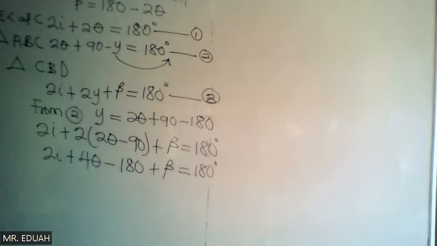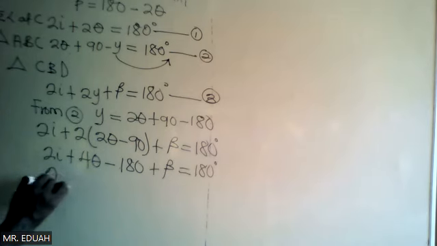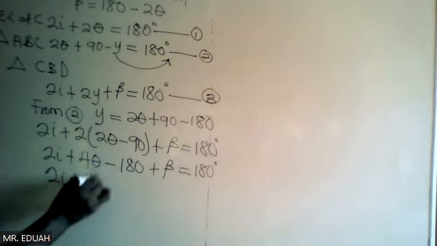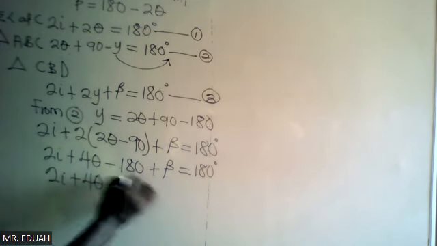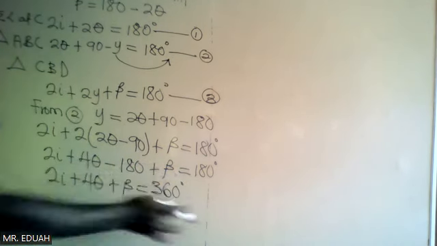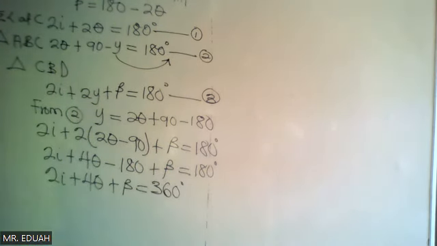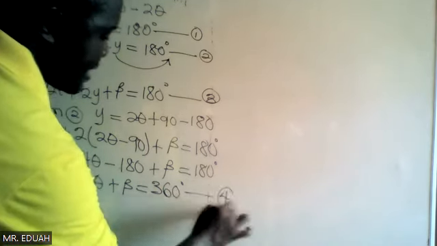We are just substituting. So 2i plus 4 theta plus beta equals 360, with negative 180 crossing the equal sign to become plus 360. So now we have equation 1 and what we will call equation 4.